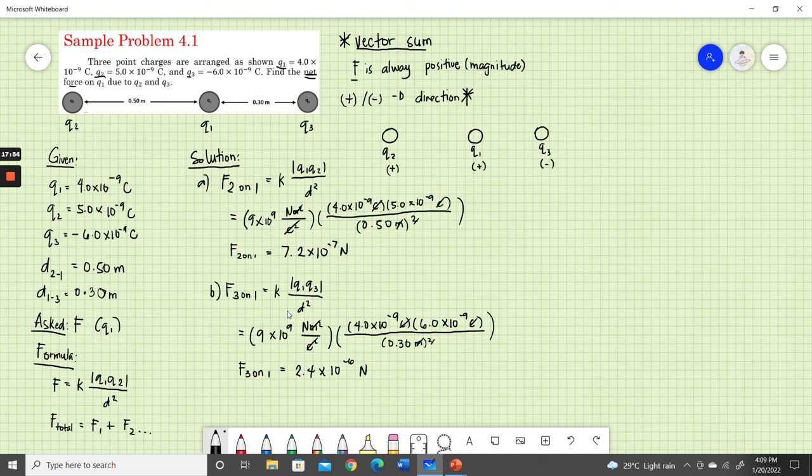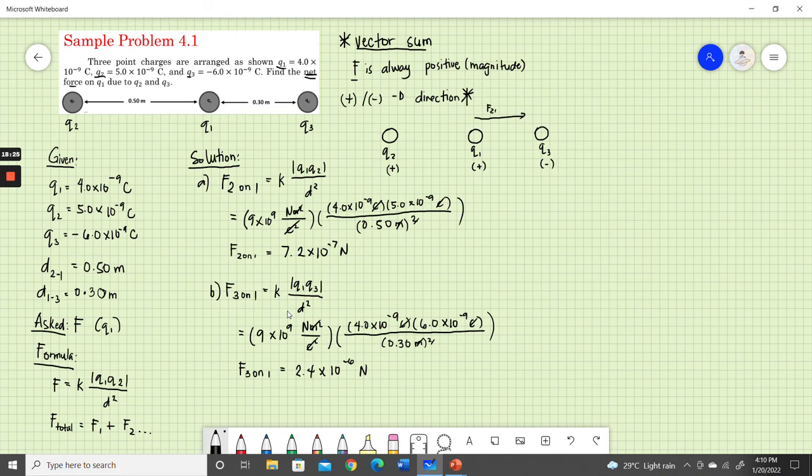We know that like signs repel each other. So Q1 and Q2 would repel each other, meaning the force that Q2 exerts on Q1 is away, going towards this direction. This is your F2 on 1. Why is it going towards this direction? Let's write it this way.